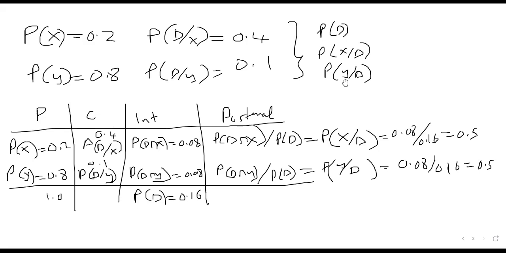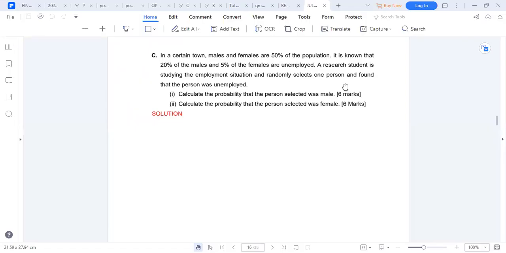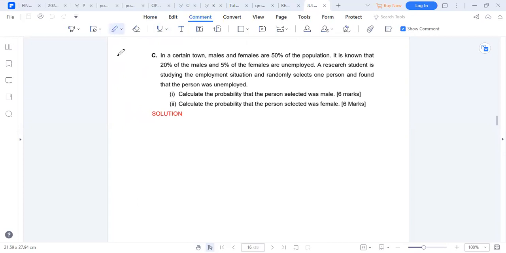Here we have, in a certain town, males and females are 50% of the population. So the probability of a male is what? 50%. The probability of a female is what? 50%. Then we are told that it is known that 20% of the males and 5% of the females are unemployed.